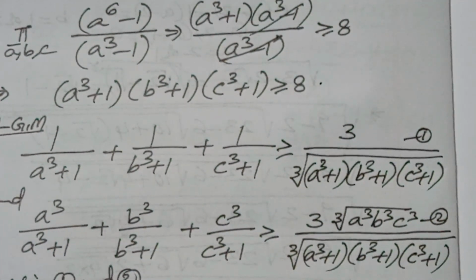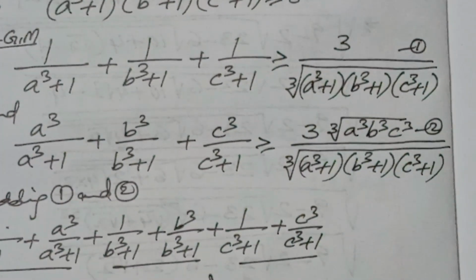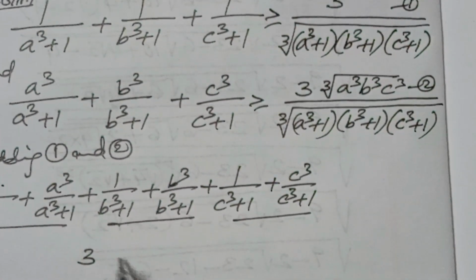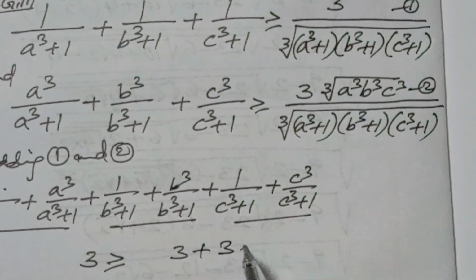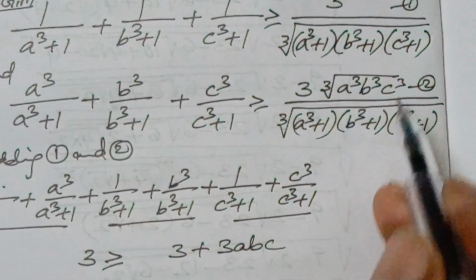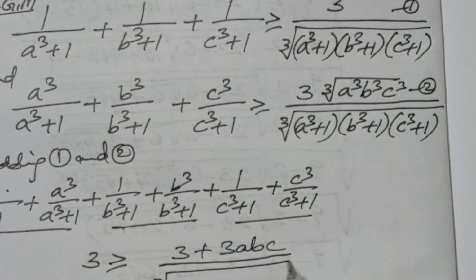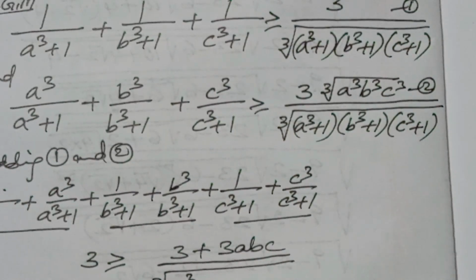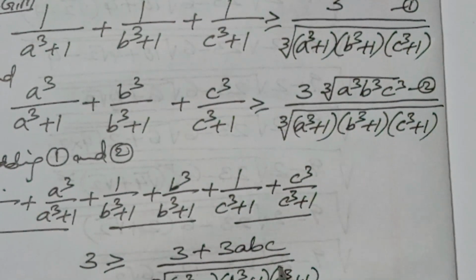Here each pair gives 1, so in total you will get 3, which is greater than or equal to 3 plus 3abc, where the cube and cube root get cancelled, divided by the cube root of a cube plus 1 into b cube plus 1 into c cube plus 1.